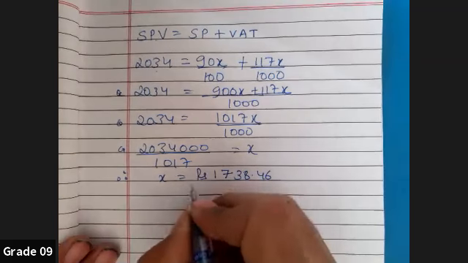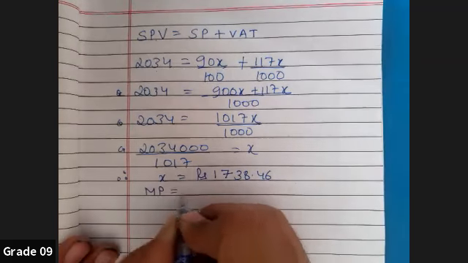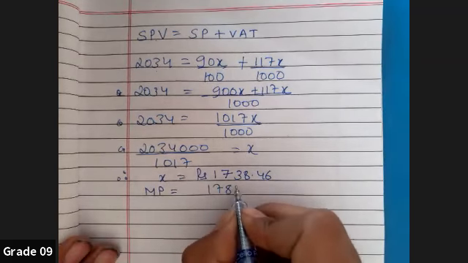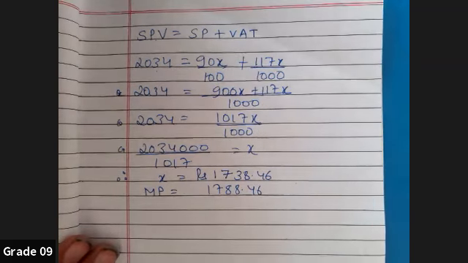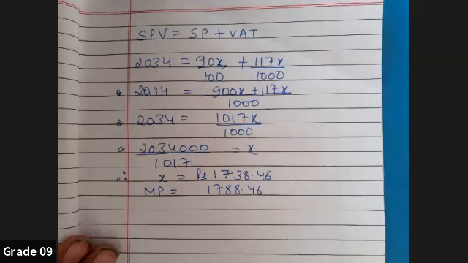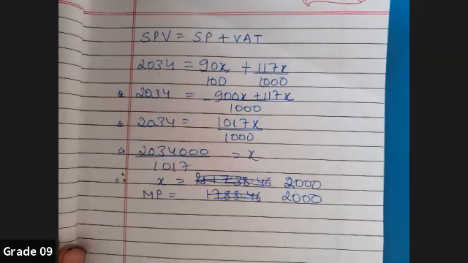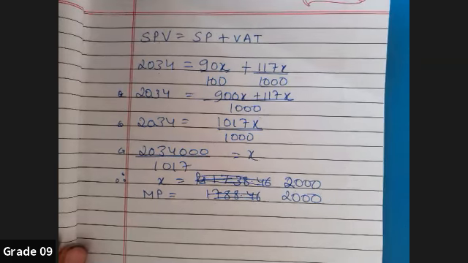Okay, so this is your market price. My MP came 2000 when I divided. Yeah, 2000 only. So this is the market price.